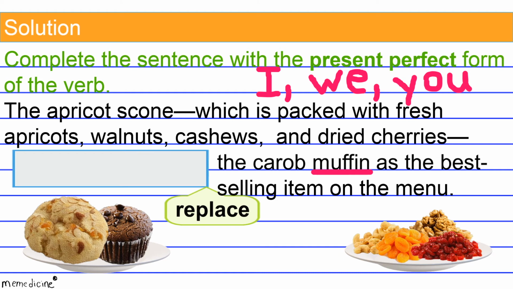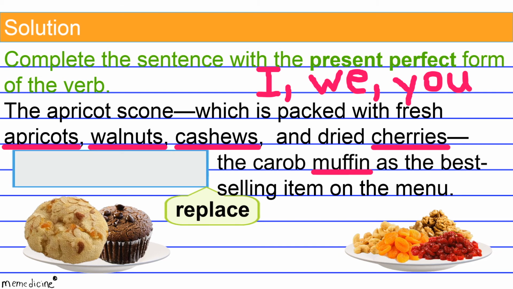In second person, you're directly speaking to someone through either written or spoken communication. And have is also used for all other plural subjects. So we have quite a few third person plural subjects here: apricots, walnuts, cashews, and even cherries.